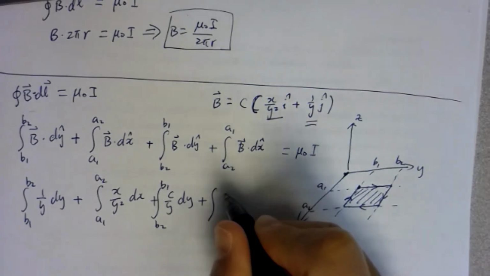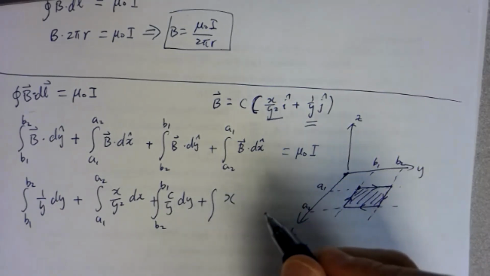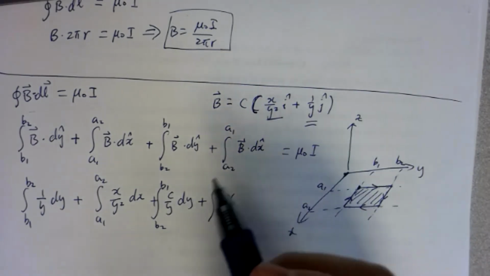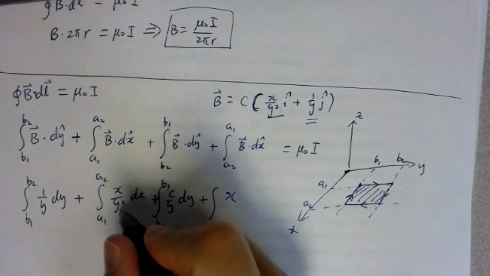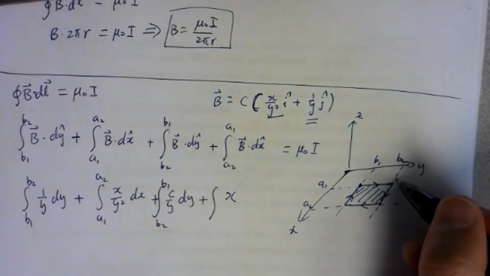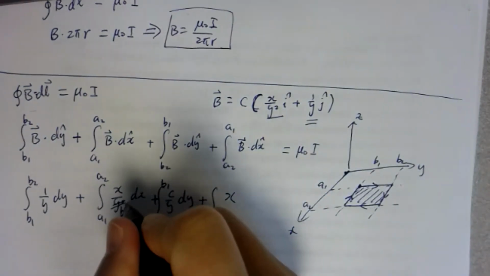In this case y is constant. For the second part, y is equal to b2, so this becomes b2 squared.